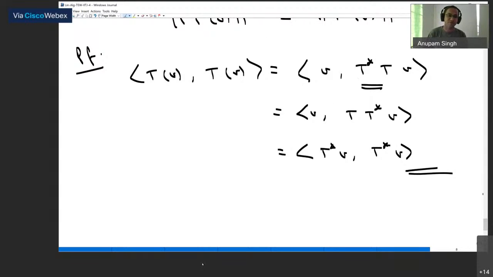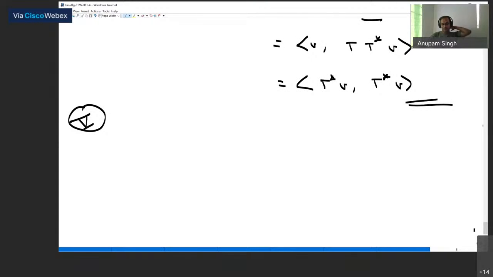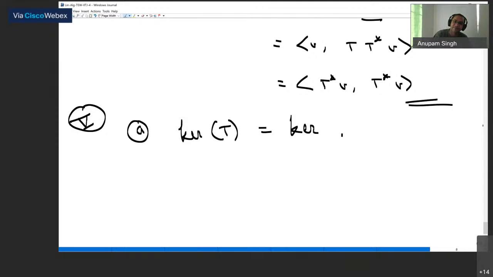Okay, so let's prove property 5, and this is quite an interesting and important property. This is the only one which will require a little bit of effort in proving. The property is as follows. There are two parts. Part A: the kernel of T and the kernel of T star are the same.